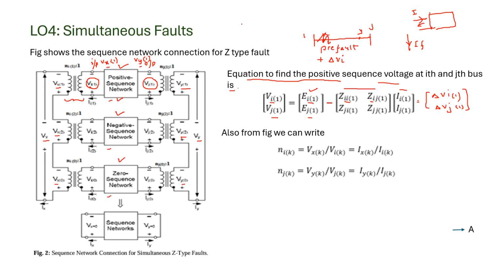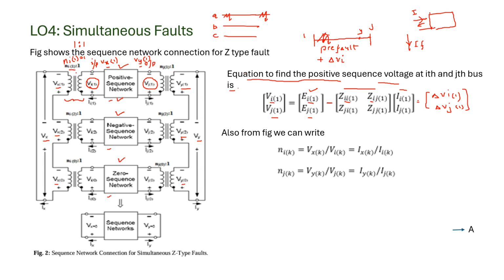Suppose you have three lines A, B, C, and an LG fault has taken place on phase A at the ith bus, and also an LG fault on phase A at the jth bus. In that case, this transformation ratio Ni1 will be 1, so it will be 1 raised to 1.